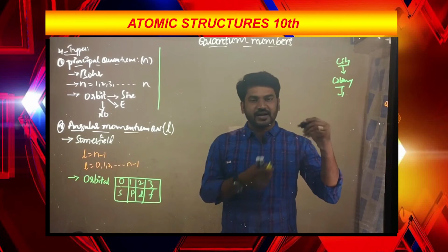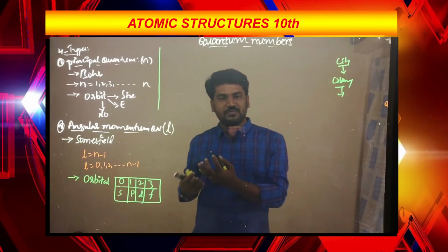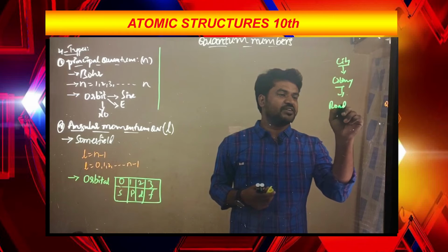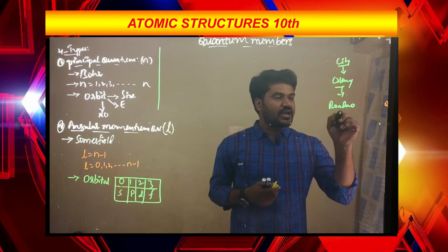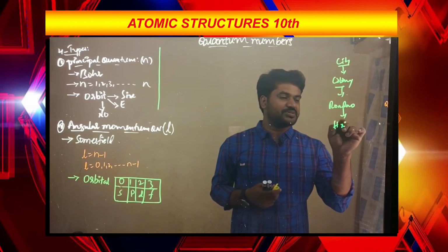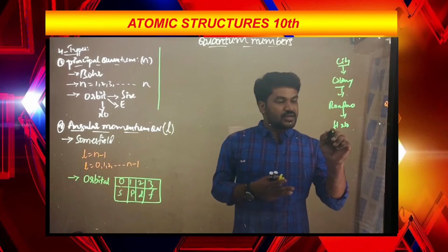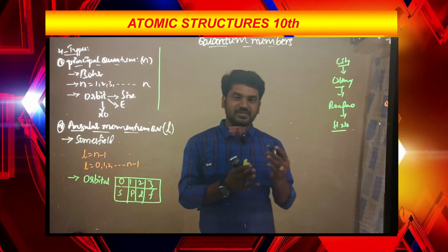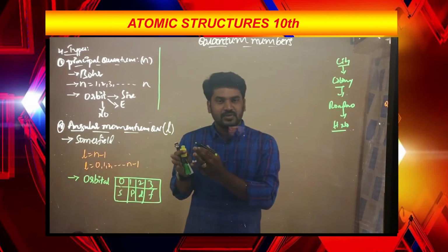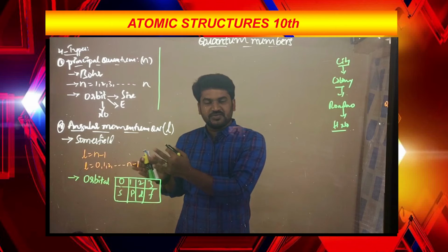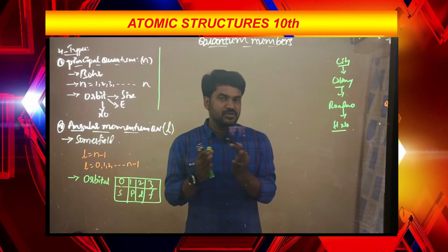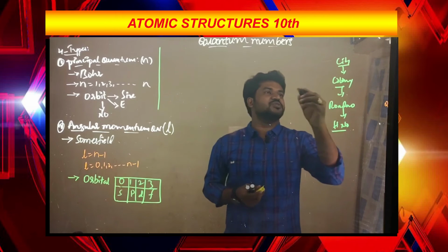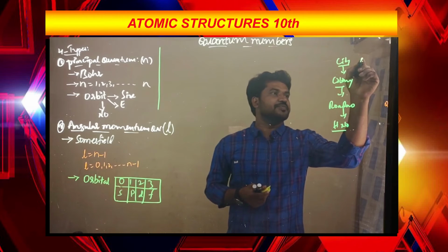In the colonies there are small places, with road numbers, as we generally write in an address. Then house numbers. In the houses there will be 1 BHK, 2 BHK, 3 BHK, which means a place with limited space. 1 BHK means only some members will be there. In the same way, we can define the atom.